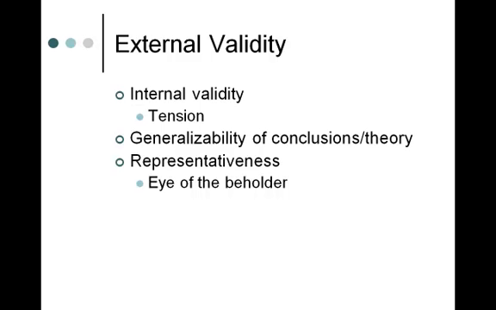Well, I don't care, it's a study about kids. Right? So to some extent, external validity is in the eye of the beholder. Who do you want these conclusions to apply to? In what situations are you trying to generalize to? Right? So it's a bit subjective.